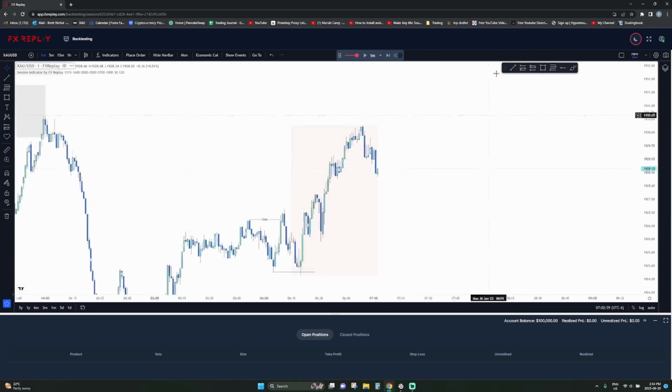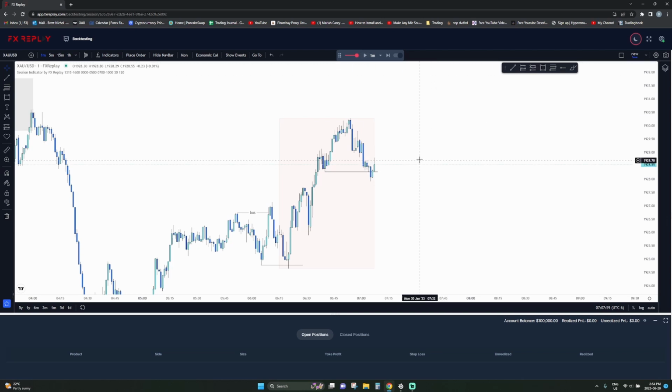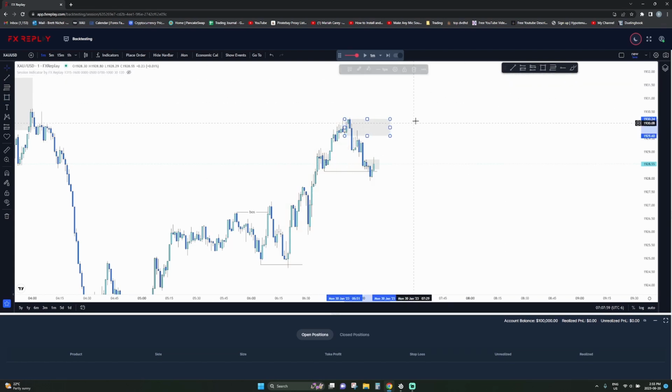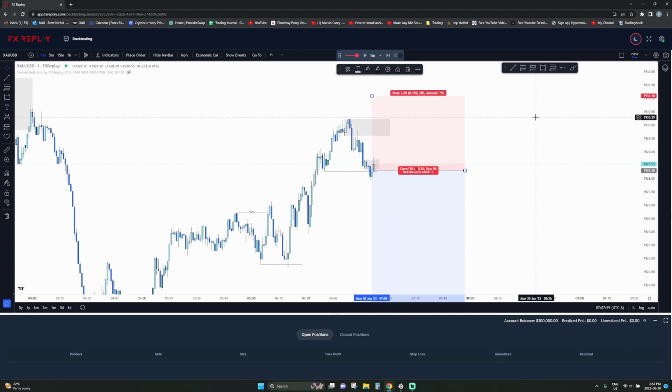So my structural point I'm looking at, the break for the sells, is right here. It broke. The cause was right here. And then the extreme I'm looking at is around here. So I'll take this trade right here.